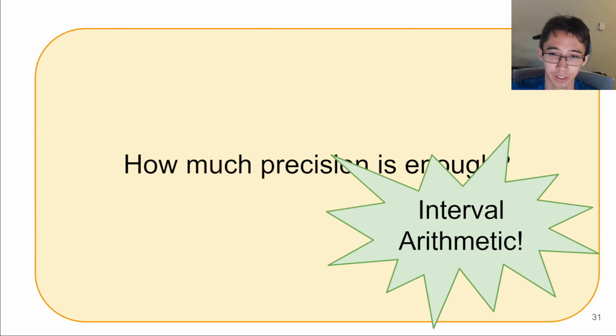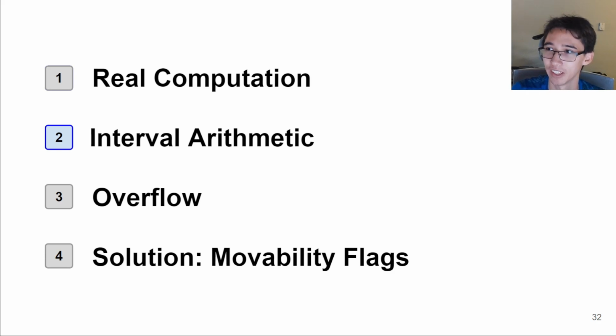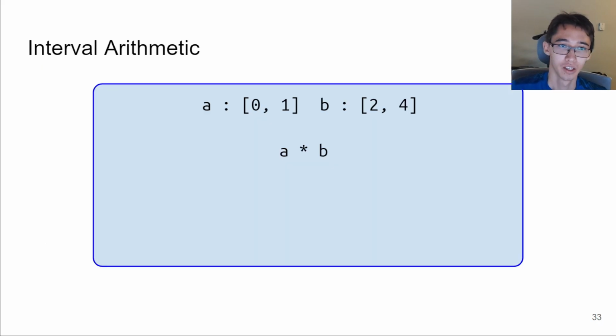So here's how interval arithmetic works. I'll give some background on that. Interval arithmetic is computing with intervals. So say you have some variables a and b, and you know the input ranges those variables could take. Well, now when you see a multiply, we're going to answer the question, what possible values could the multiplication take given these input intervals?